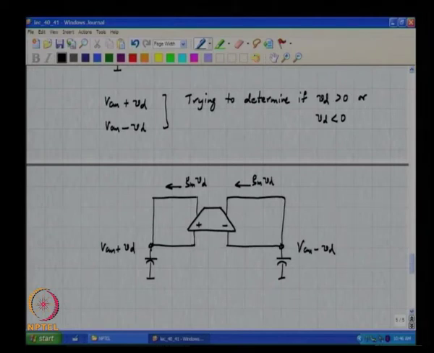Does it make sense? Okay. So please recall therefore that this is plus VD and current is being pulled out of this node this way. Similarly, this voltage is minus VD and current is being pushed out.